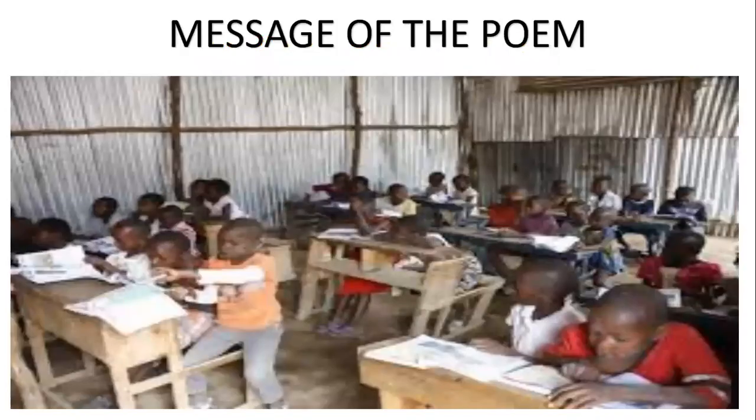Now we'll come to know what message the poet wanted to give through this poem. The poem appeals to the rulers, the law enforcing bodies, and the philanthropists, represented by the governor, inspector, and visitor, to improve the condition of the children in the slums, which can be done through education.